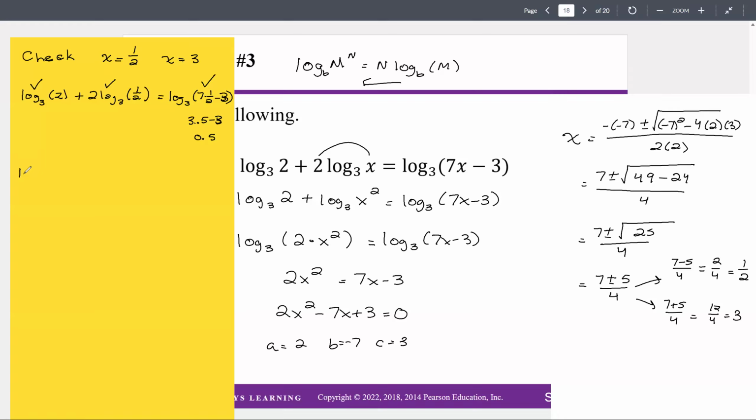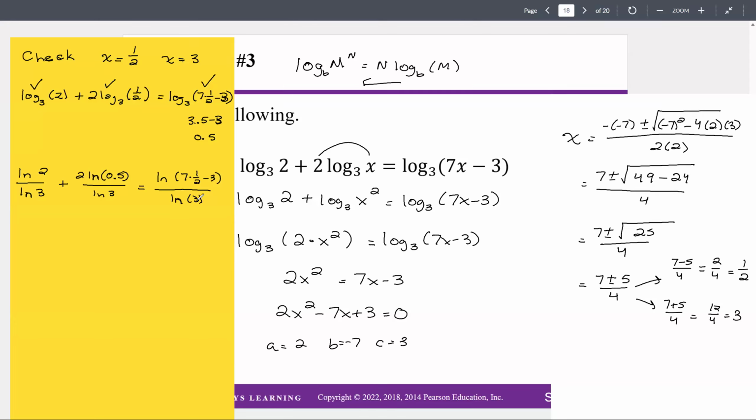You could do the natural log of 2 divided by natural log of 3 plus 2 natural log of 1/2 divided by natural log of 3 equals natural log of 7 times 1/2 minus 3 divided by natural log of 3.